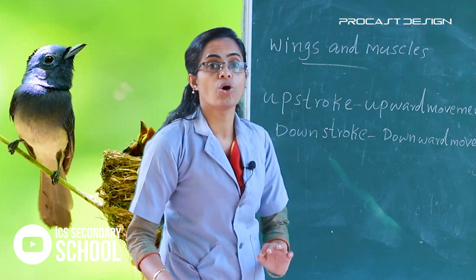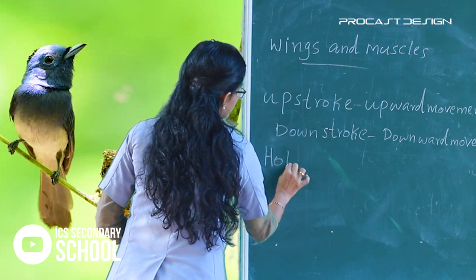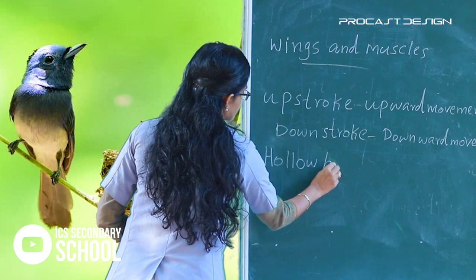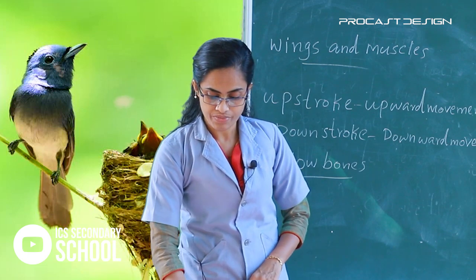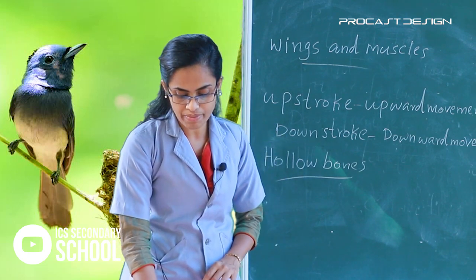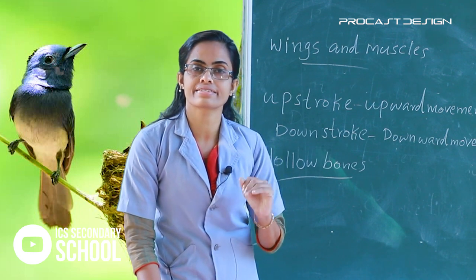And the next one, hollow bones. Listen here, hollow bones make a bird's body light so that it can fly easily.